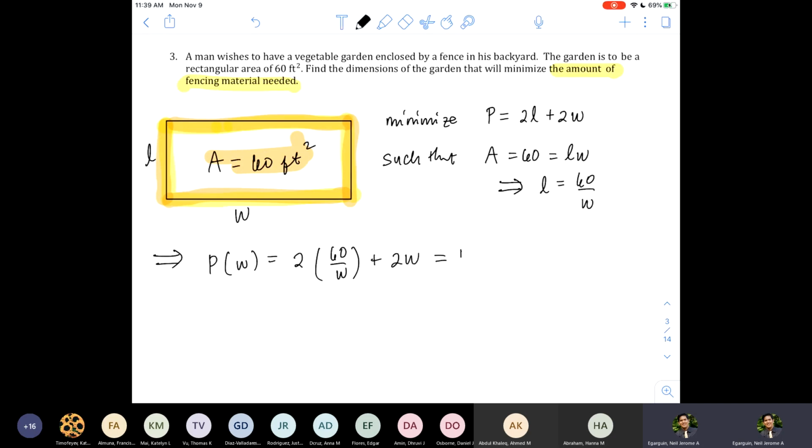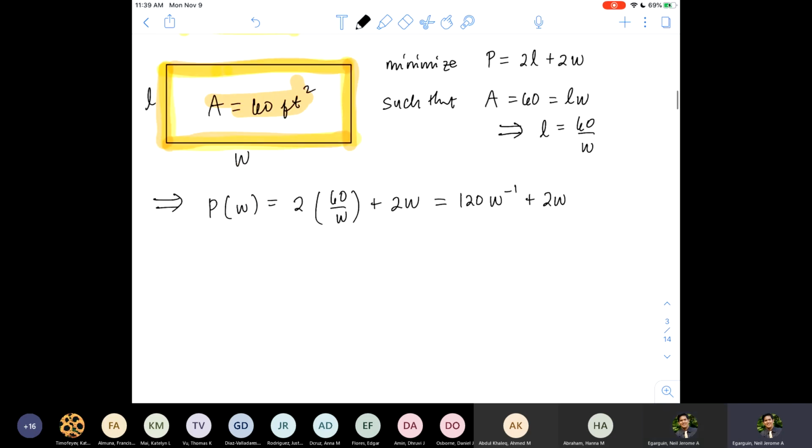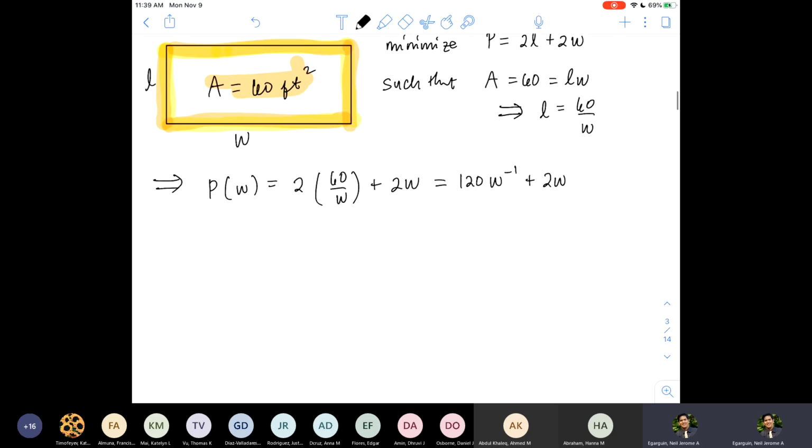We're going to rewrite it as 120 W to the negative 1 plus 2W. So that's our objective function. We want to minimize this. The first step is to find the derivative, right? So P prime of W would be negative 120 W to the negative 2 plus 2.